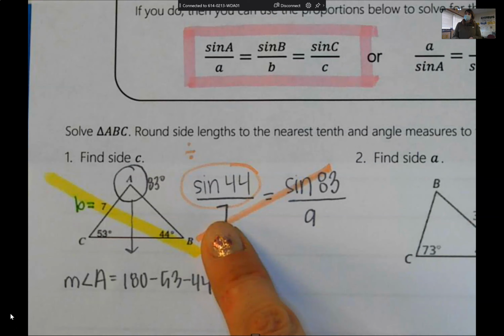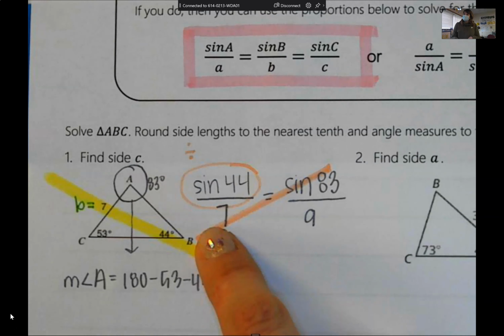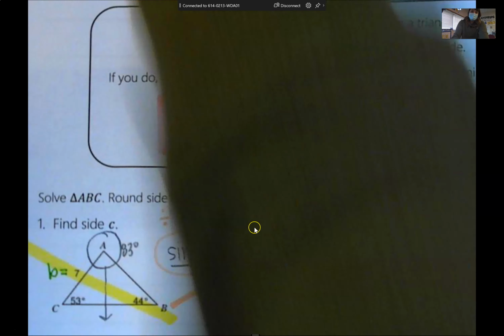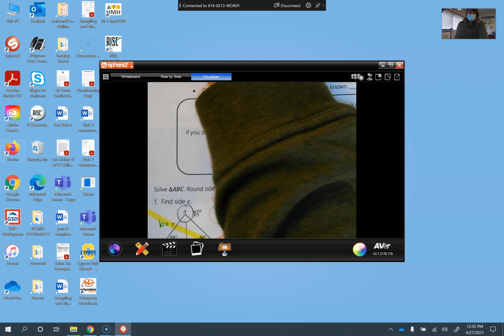So it's always going to be these two. And you divide by this leftover value. We could go through and multiply both sides by 7 and then multiply both sides by A and divide and do all that stuff. But ultimately what that ends up looking like is taking 7 times sine 53. So I'm going to exit out into Desmos.